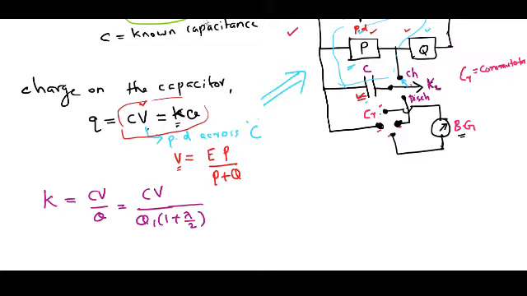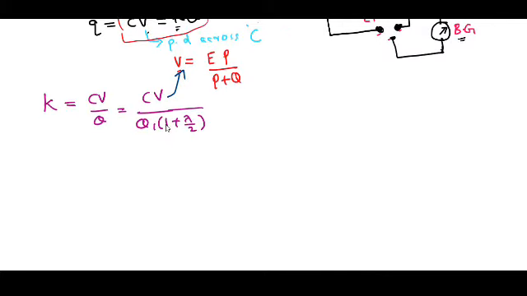Now instead of this V, I substitute this expression. Then our K is equal to C divided by theta 1 into (1 plus lambda by 2), and instead of V, I substitute EP divided by (P plus Q).